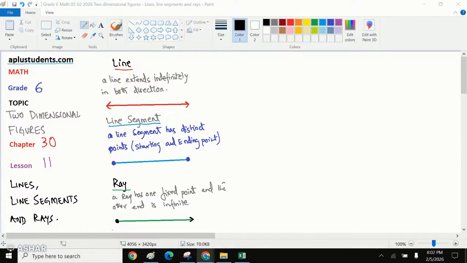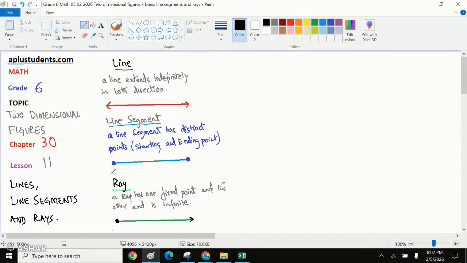Let's suppose you have a torch. The light can fall infinitely, you can see a lot of things, but there is a starting point of the light. That means the ray has a starting point and it can go indefinitely.